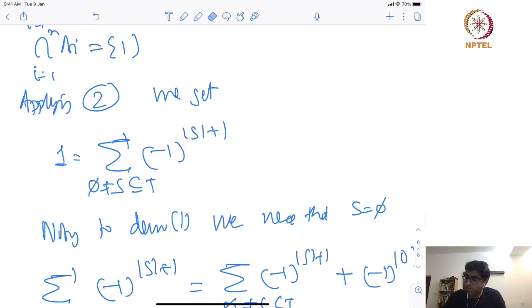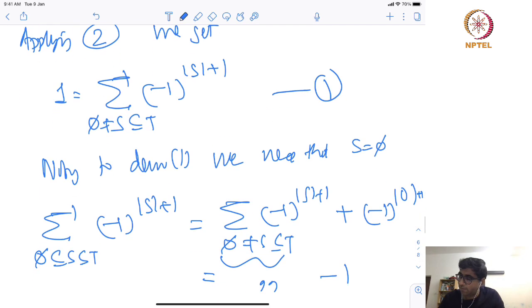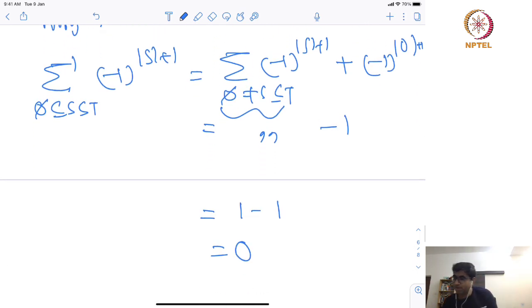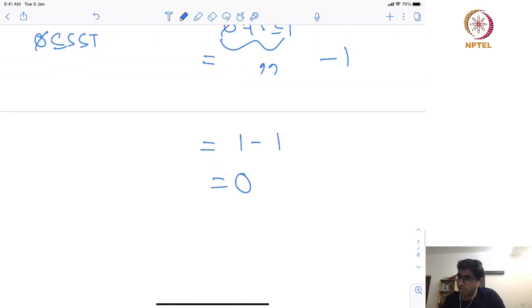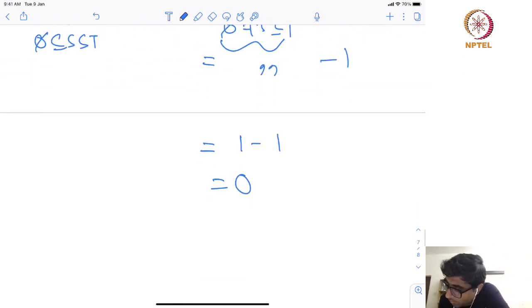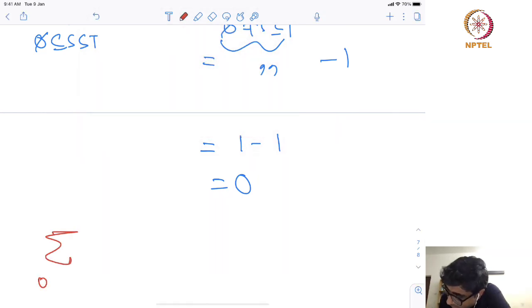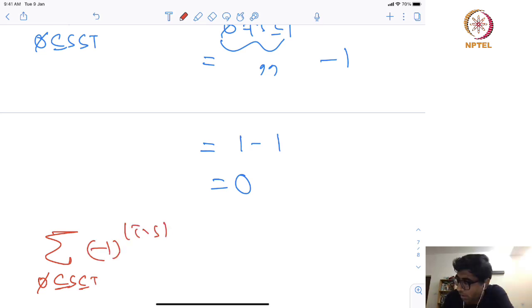So, applying 2 we got this, and now to derive 1, this is what we were interested in, right. Now, you might ask, but this is not what we were interested in. We were interested in (-1)^(|T|-|S|), this is the expression we were interested in.